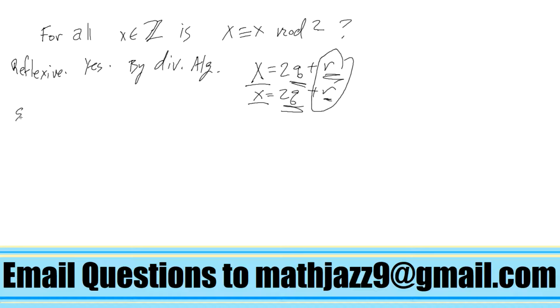Are we symmetric? That means that for all x, y, and z, if x is congruent to y mod 2, is y congruent to x mod 2?